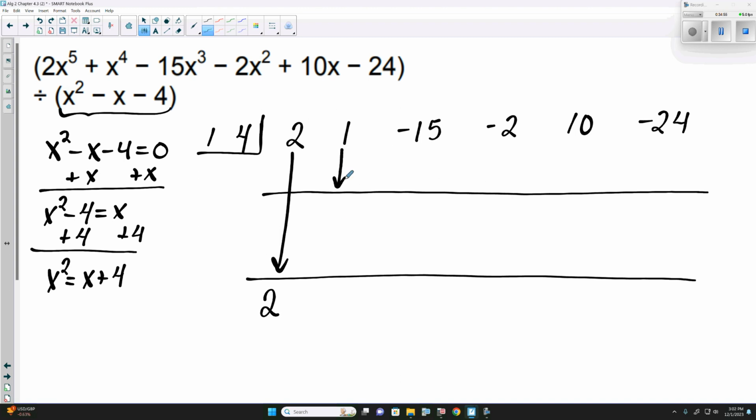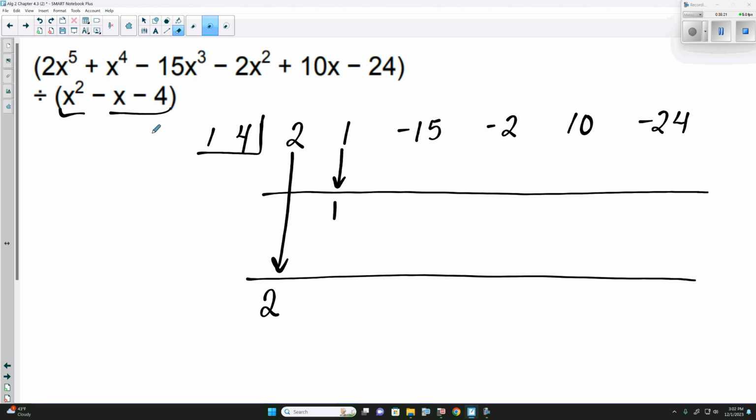And we drop the second number down 1. If we were dividing by an x cubed, we would have an x squared term, x, and a constant, 3 numbers, which means we would have had 3 lines, and we would have dropped the first number all the way down, the second number down 2, and the third number down 1.